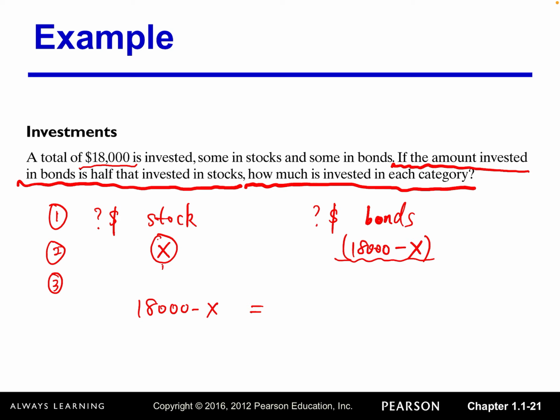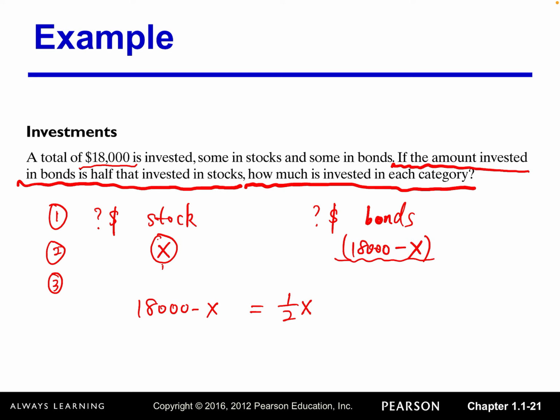So what does half mean to you? Half is 1/2, right? 1/2 of the stock. So what is the stock? We use X to represent how much money is invested in the stock, right?